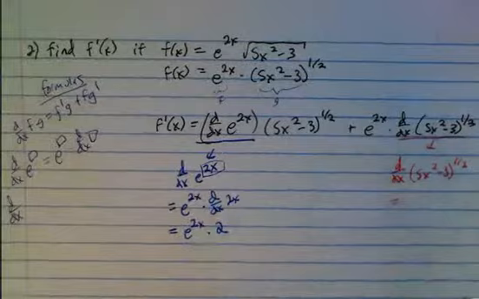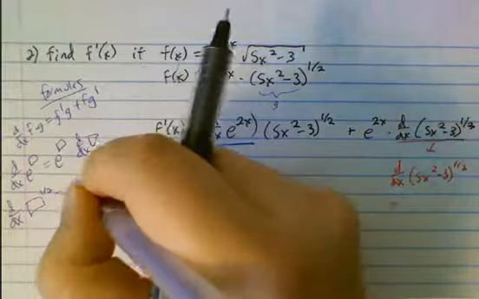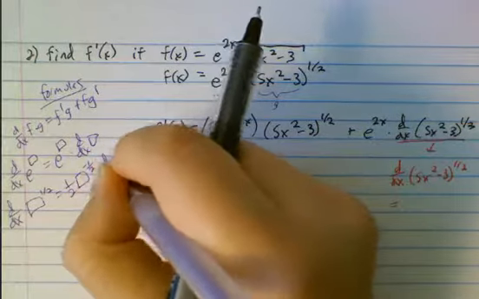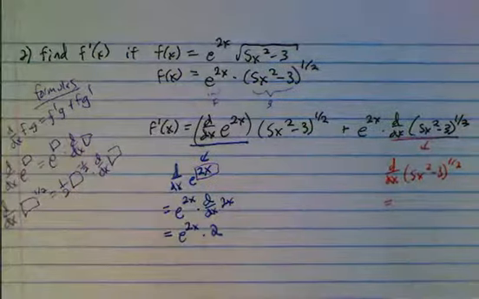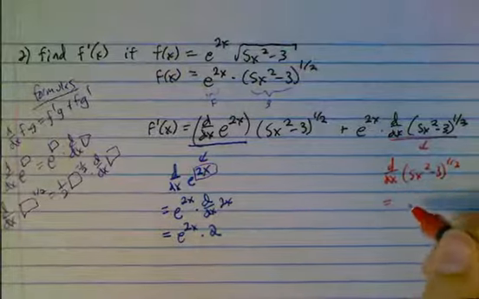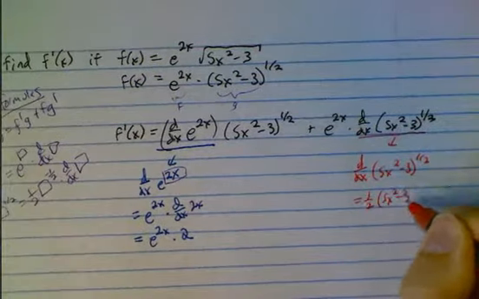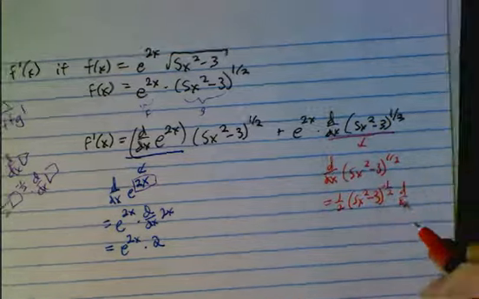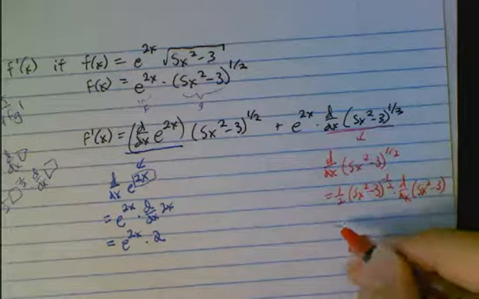The derivative of box to the 1/2 is 1/2 box to the negative 1/2 times the derivative of the box. So we've got 1/2 5x squared minus 3 to the negative 1/2 times the derivative of 5x squared minus 3.